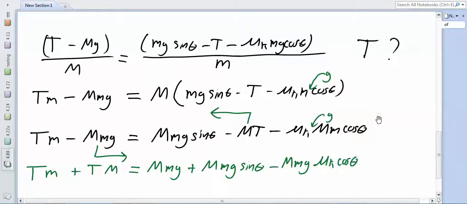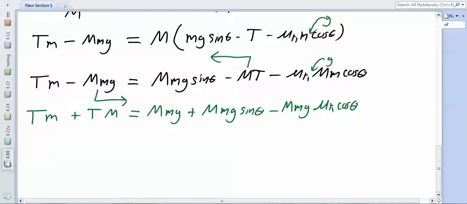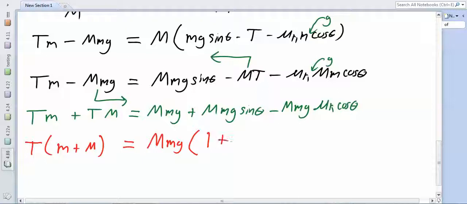Alright, so again, we just have to be systematic about our algebra. So I'm going to factor out a T on the left-hand side, little m plus big M. And now we can see on the right-hand side that we have a little m big M g in each of the three terms. So I can factor that out and get 1 plus sine of theta minus mu k times cosine of theta.